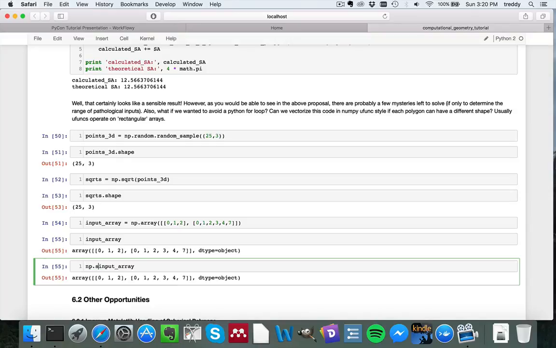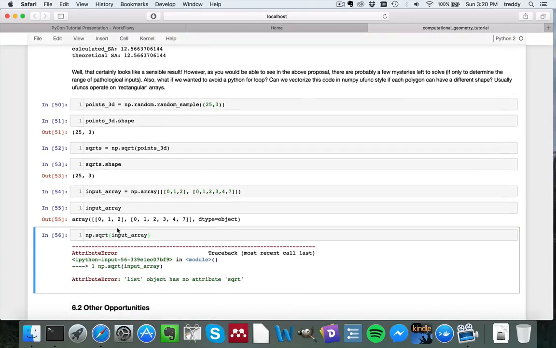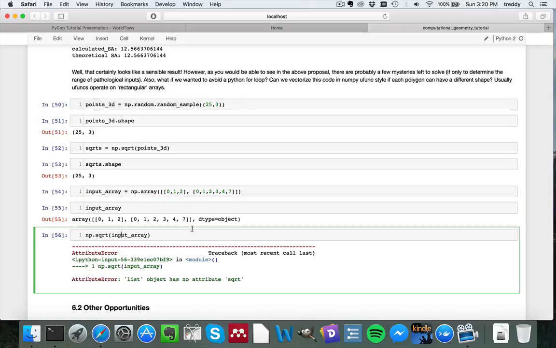So if we try to do a numpy.sqrt on that, you can see that the way this is being broken down is not amenable to vectorization. So effectively we just have these two lists instead of actual NumPy arrays that can be used with broadcasting and universal function vectorization.